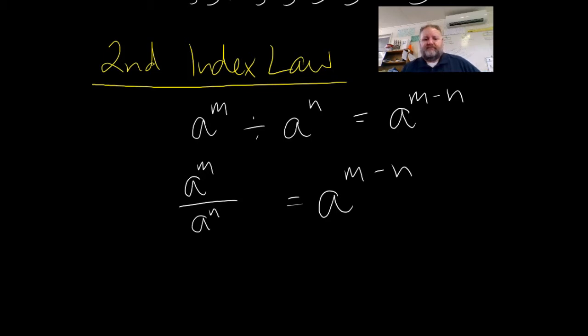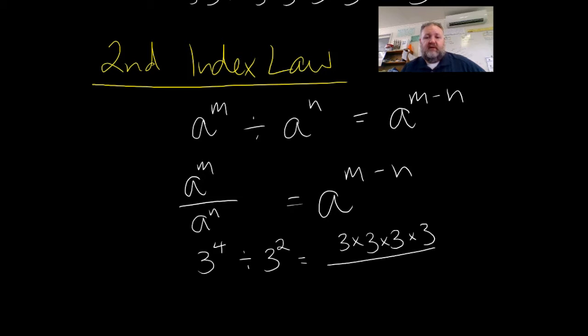Okay, so once again, if I was to actually do an example, I'll use 3's, why not? 3 to the power of 4 divided by 3 to the power of 2. Well, I could write that as 3 times 3 times 3 times 3 divided by 3 times 3. Now, as you know, if we have numbers on the top and the bottom, we can cancel them out.